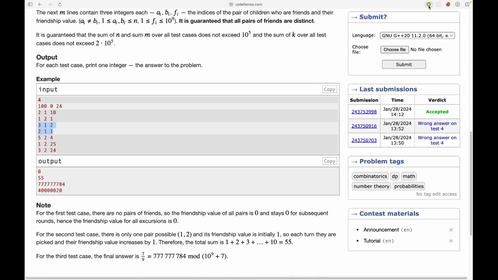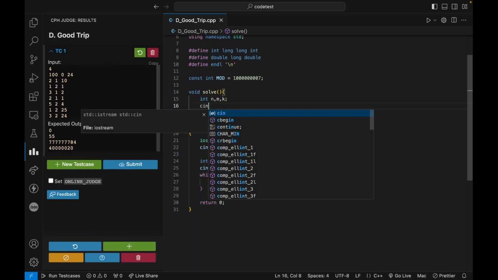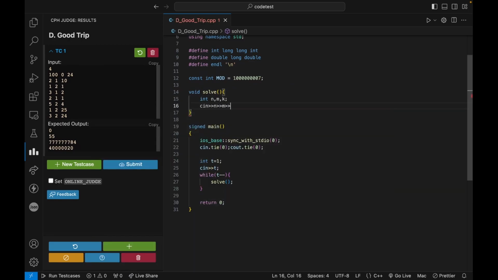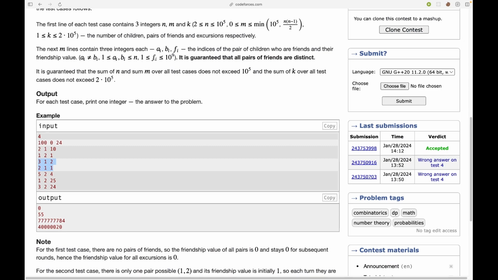So first I will make a new file. First thing we have int n, m and k. Then actually I don't need the values of a and b. I only need the value of f, right?